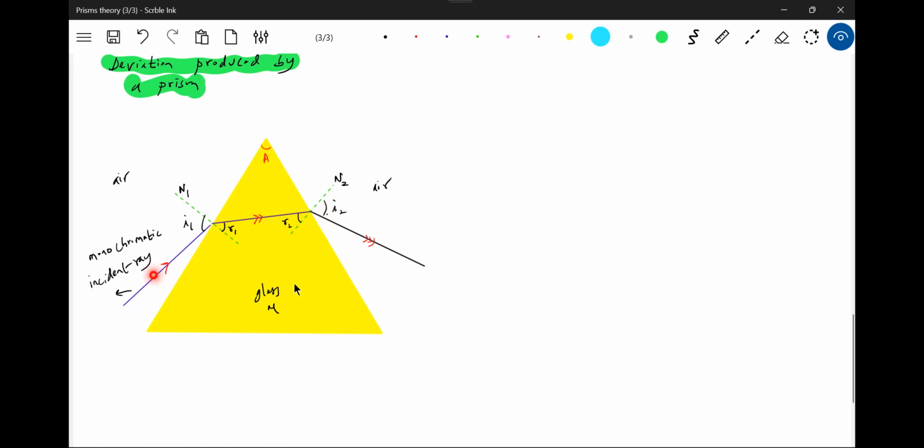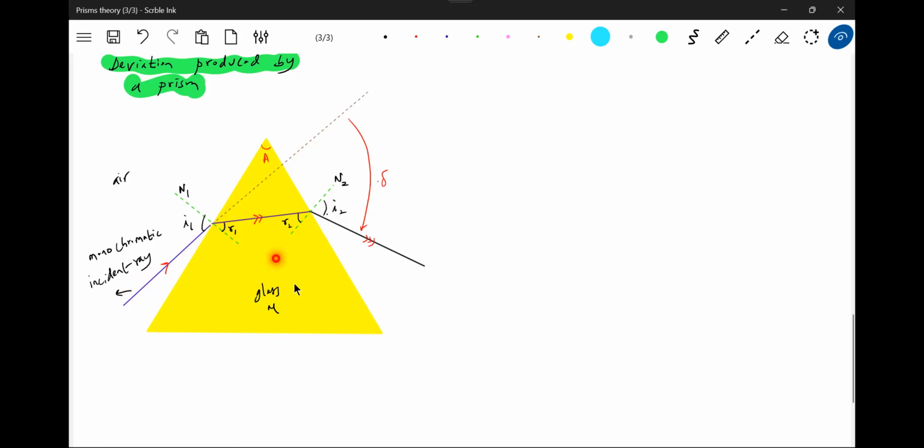So what will happen to the ray now? Did the ray which I wanted to go undergo any deviation? Yes, this is the deviation. Delta is what I'll use for deviation. In the absence of the prism, the ray would have just traversed this dotted line path.